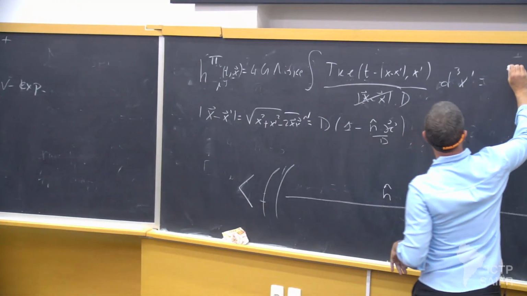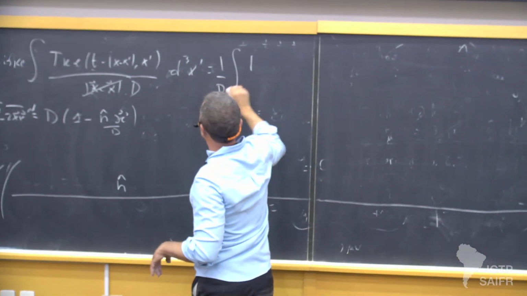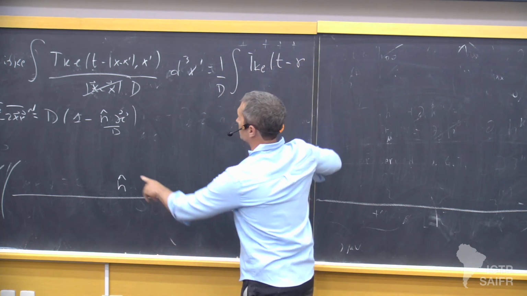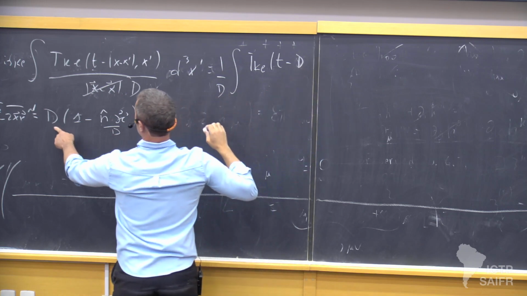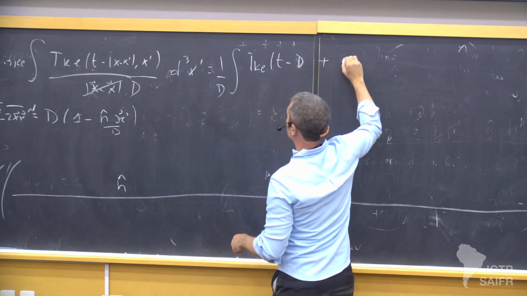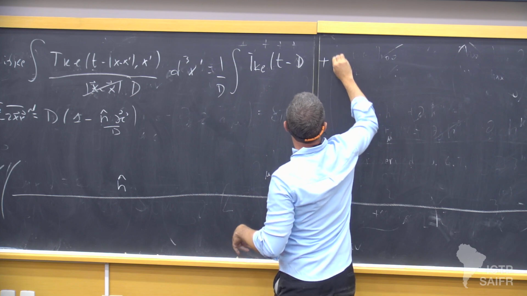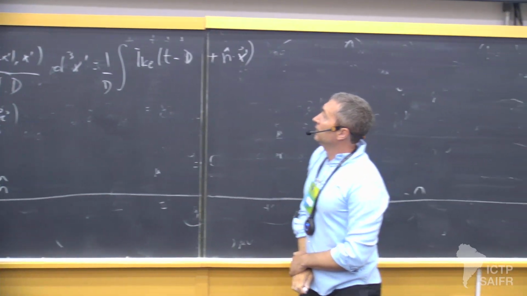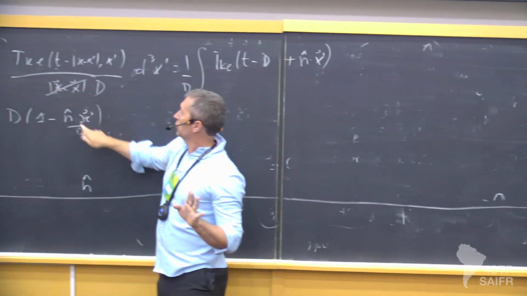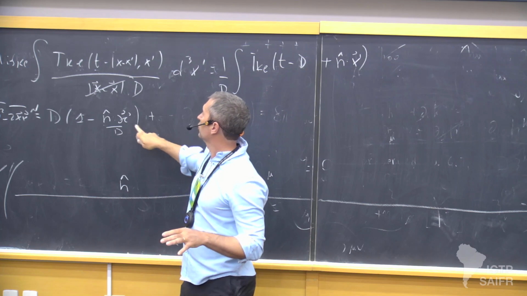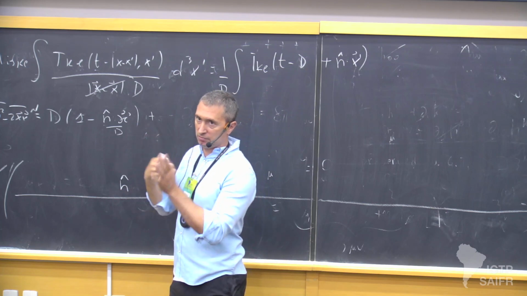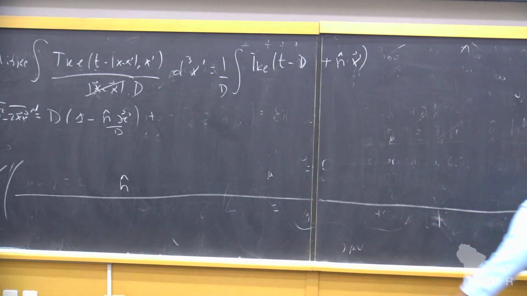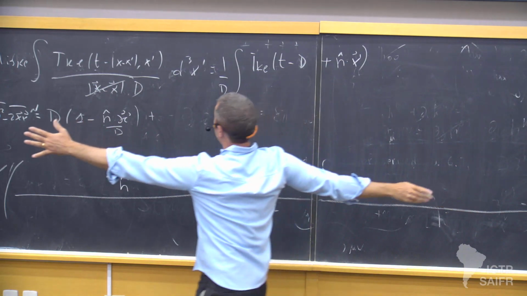Because here I get 1 over d that goes out, and then I get T_kl(t - d + d), and the d's simplify, leaving basically n·x'. Here I rightfully forgot the higher-order terms that go as x'² divided by d². This I completely neglect. But this first order in x' over d, I keep.